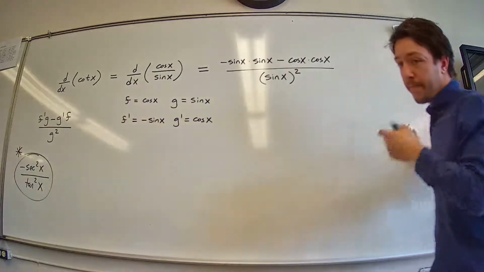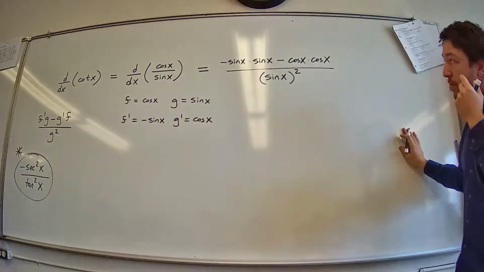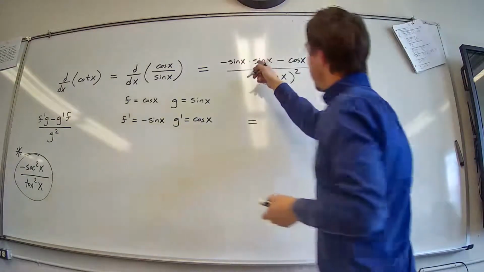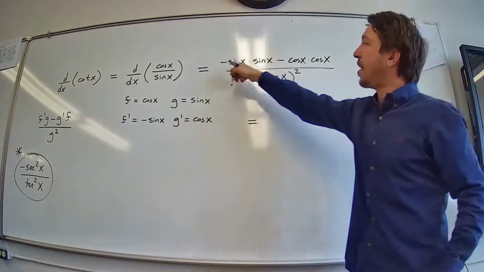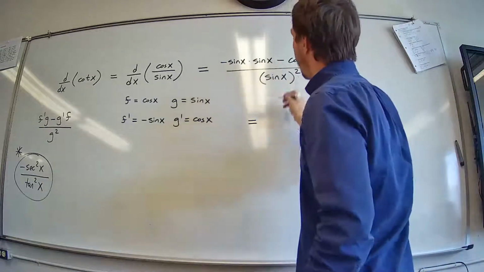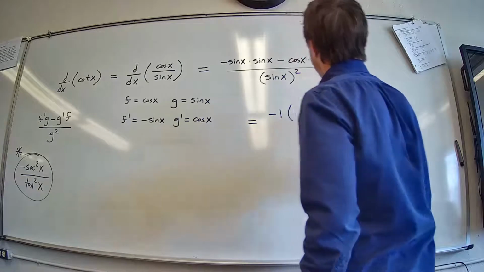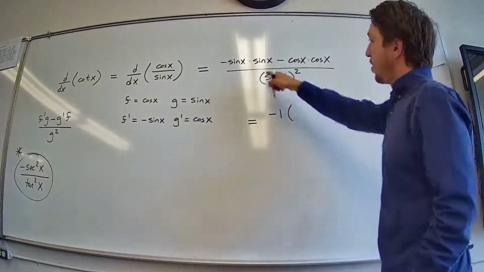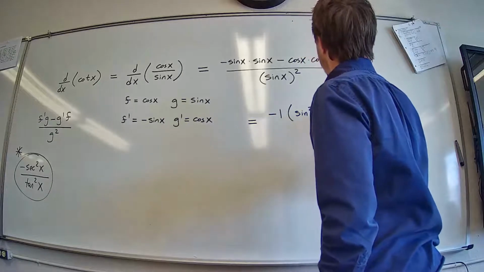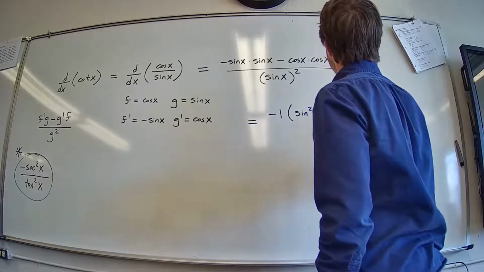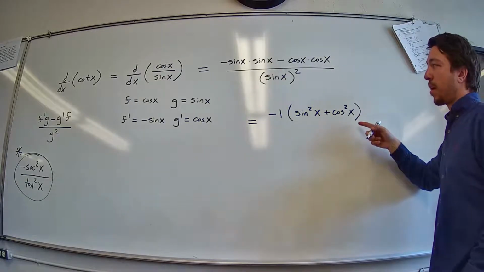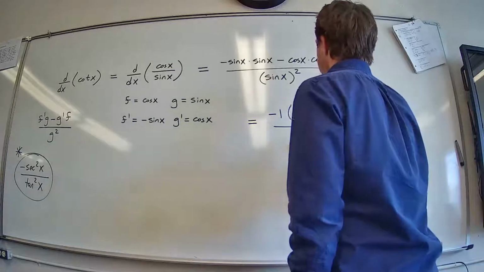Are there any questions on that? No? Okay. Now, on the top, these guys both have a negative 1 in front of them, so I think we should factor out the negative 1. What's left over is sine squared and cosine squared. Everyone understand that?